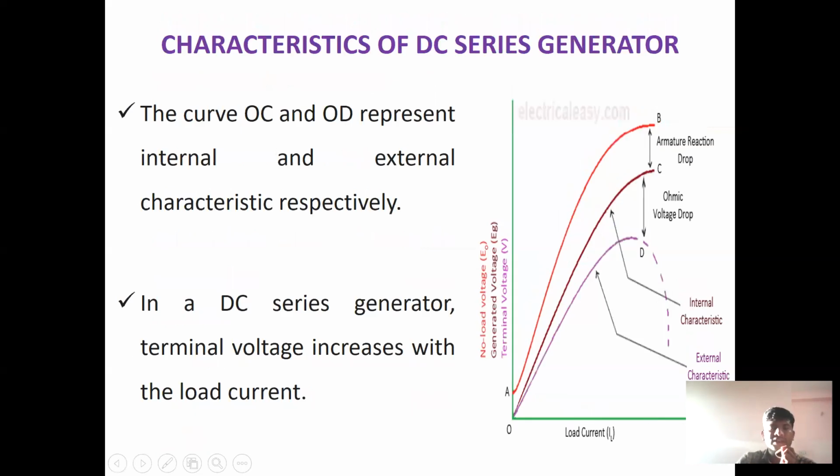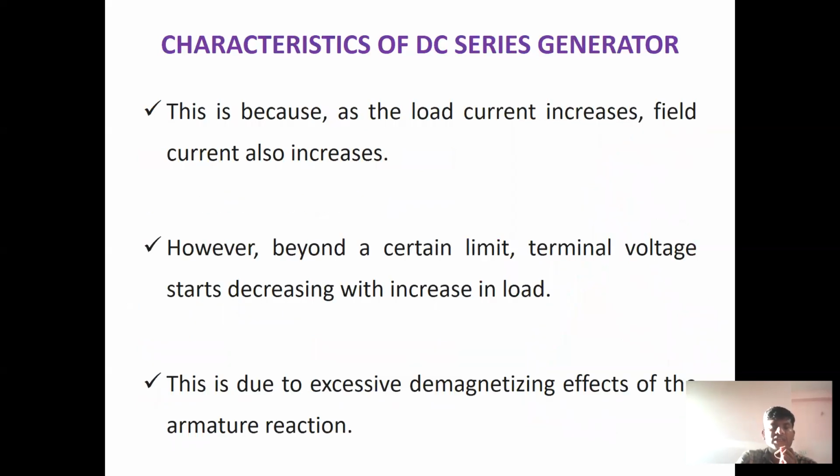In these characteristics, the terminal voltage increases as the load current increases. In series generators, as the load current increases, the field current also increases. Why? Because IA, the armature current, equals the series field current, which equals the load current.